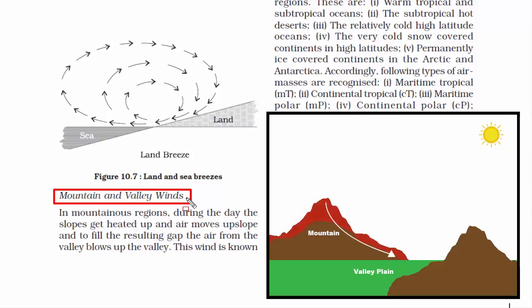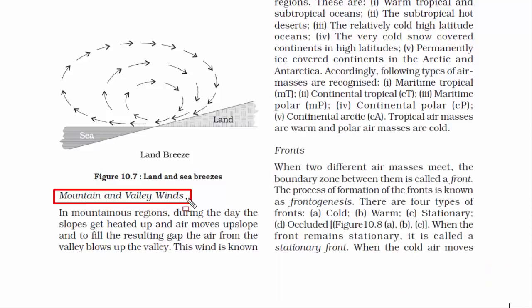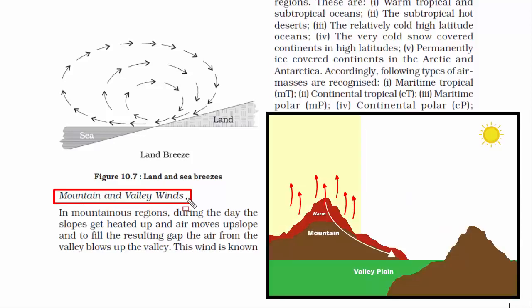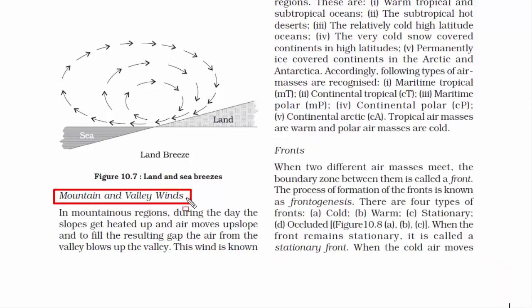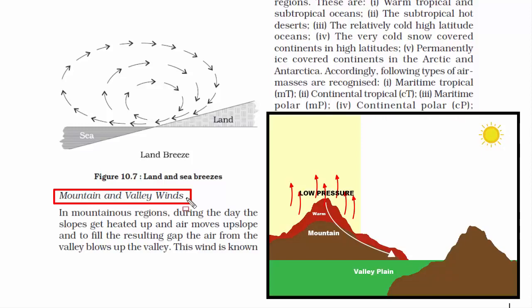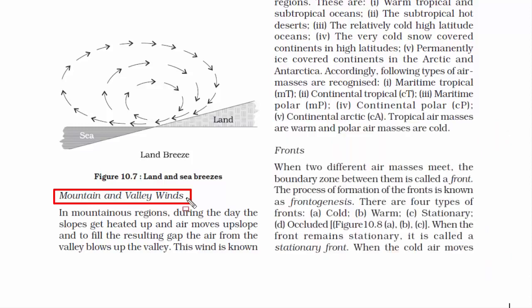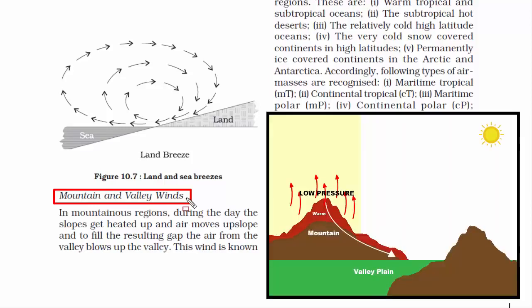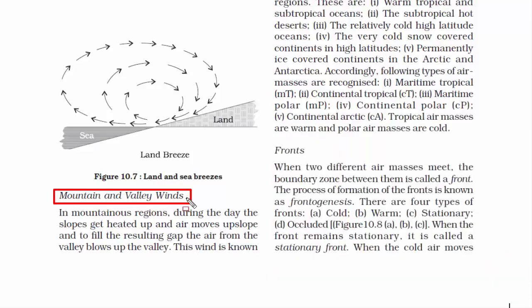During daytime, the surface as well as the slope of the mountain heats quicker than the valley floor. The heat of the mountain will heat the air higher up in the atmosphere at a much faster rate. And we know that warm air expands, which will create a small low pressure system at the mountain top. Now the air at the valley floor is cool, which creates a high pressure zone. And we know that wind moves from high pressure to low pressure zone.